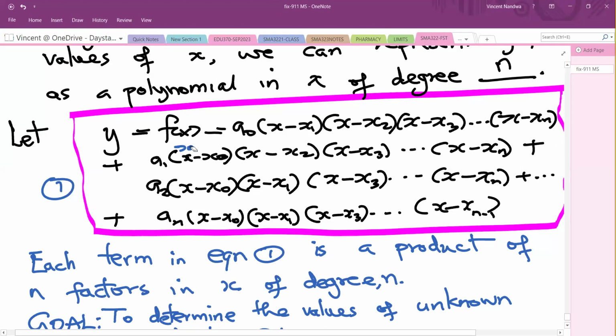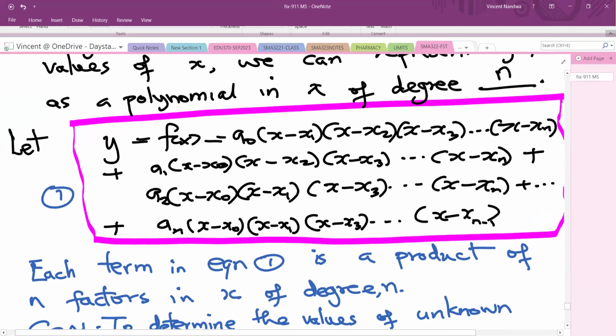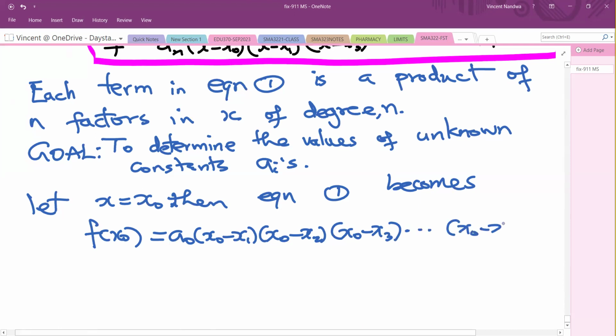So the only term that remains will be a naught into x naught minus x1, x naught minus x2, x naught minus x3, all the way up to x naught minus xn. Remember, f of x naught is already given. So we have defined the value x naught, and the value of the function at x naught is already defined.